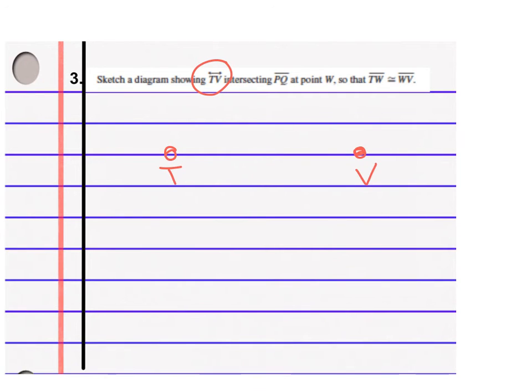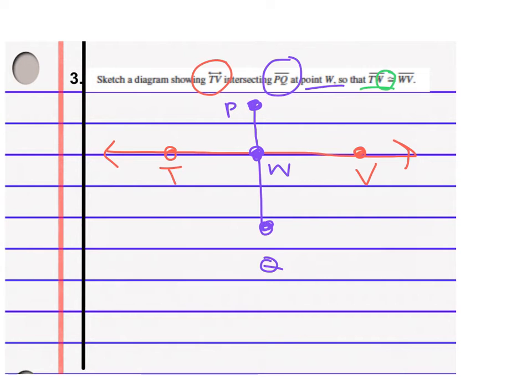So here's T, here's V. I will make a line with 2 arrows going forever in either direction, intersecting line segment PQ at point W. So here's W, and here is line segment PQ, so that TW, so TW is this part right here, is congruent to, that's a symbol for congruent. So we'll go ahead and make the congruent symbols to WV.